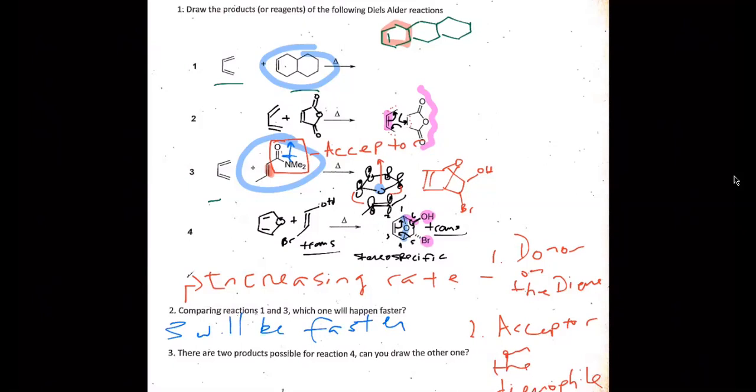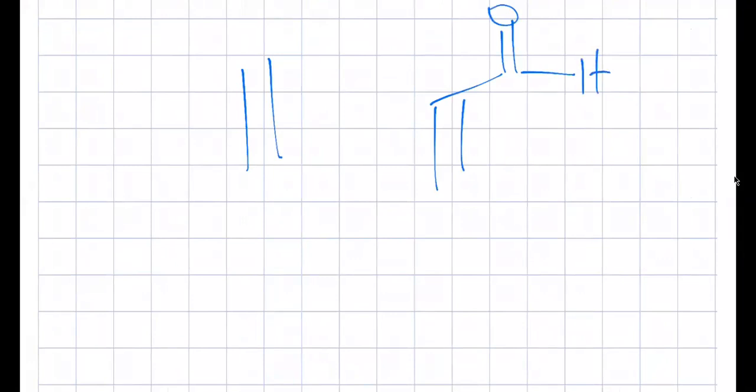Everybody was quiet on that one. Is it not making sense or what? Can you explain it one more time or do another example? Yeah, let me show you. Here's just a regular dienophile, as opposed to a dienophile that's conjugated with a carbonyl.